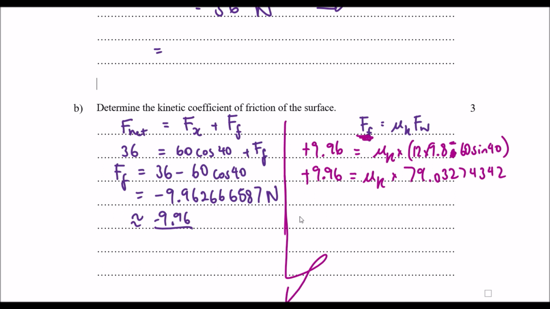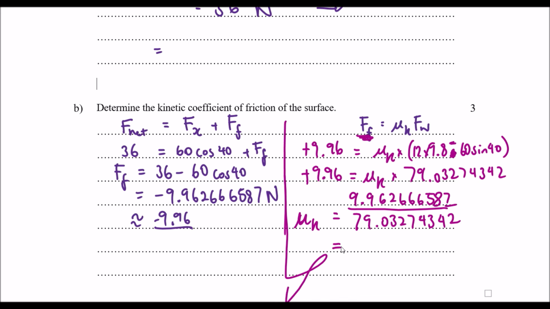So now we rearrange: mu K is equal to 9.962666 over 79.03274342. You can sort of see why I would have preferred to write the numbers in 3 sig figs.